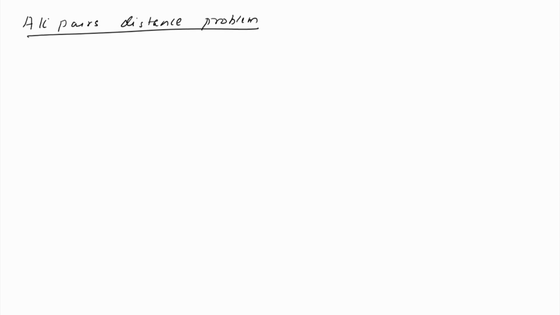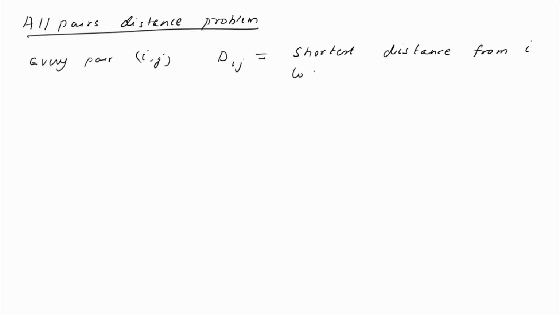Here the output will be, for every pair i comma j, a matrix such that the ijth entry of that matrix is the shortest distance from i to j, or the length of the shortest path. Okay. So, the objective is to create such a matrix. Now, the entries of this matrix are all between 0 and n minus 1, and therefore the output need not be very large. How do we solve this problem?